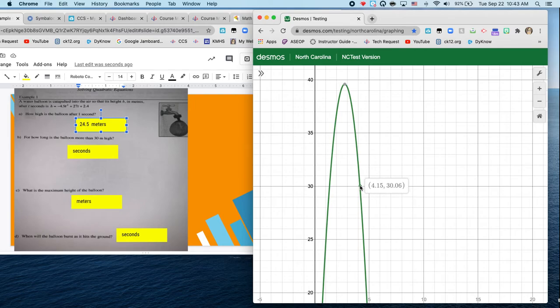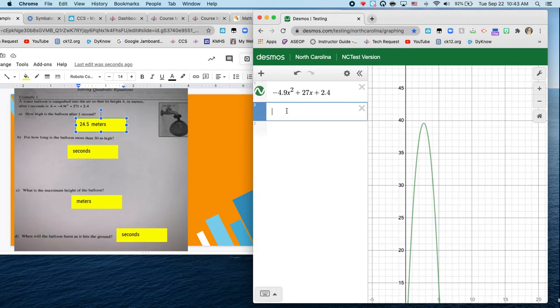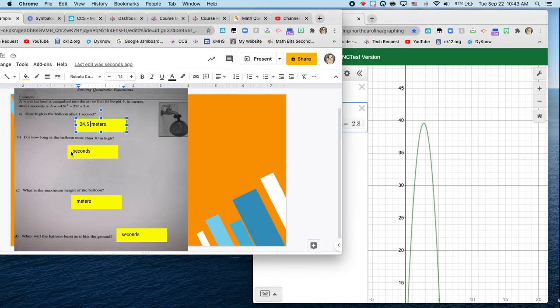So it is approximately 4.2, rounded to the nearest tenth, excuse me. So 4.2 minus 1.4, you can see that it is higher than 30 meters for approximately 2.8 seconds.